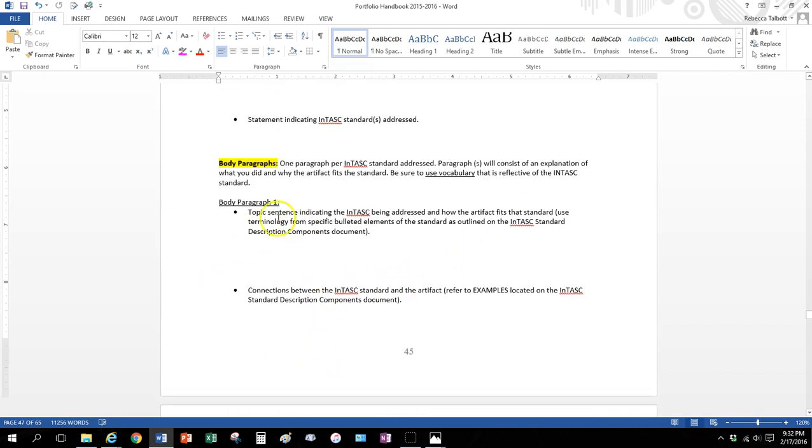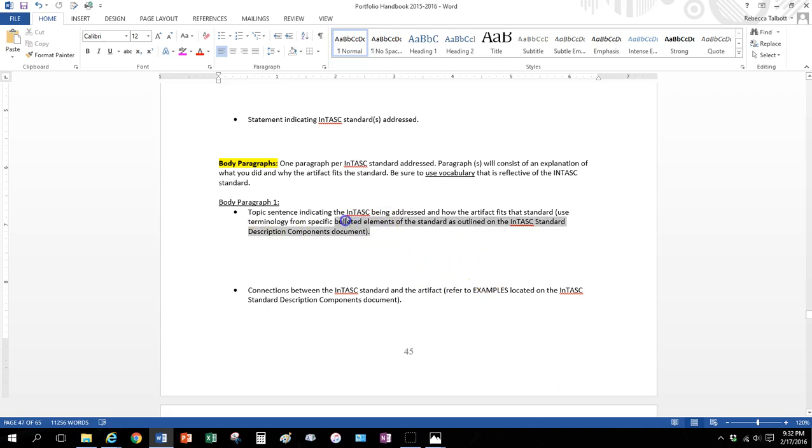In your body paragraph, you're always going to start with the topic sentence that indicates the standard being addressed and how the artifact fits that standard. You'll want to refer back to the terminology from the specific standards earlier in this guide.